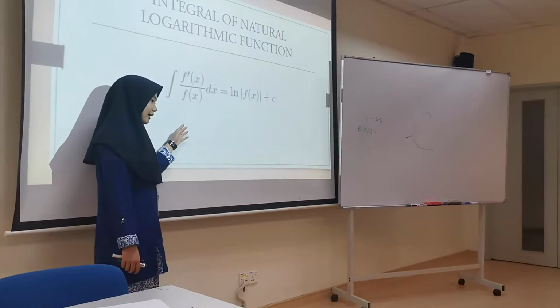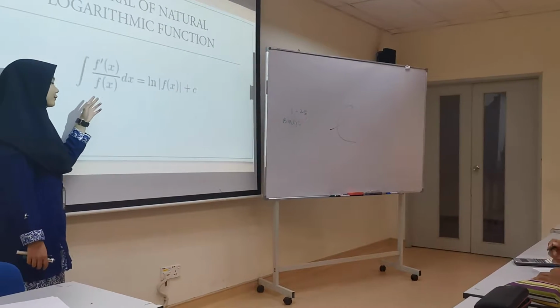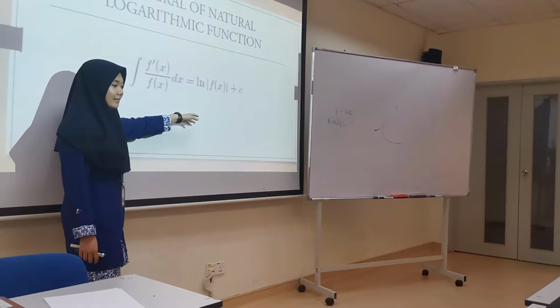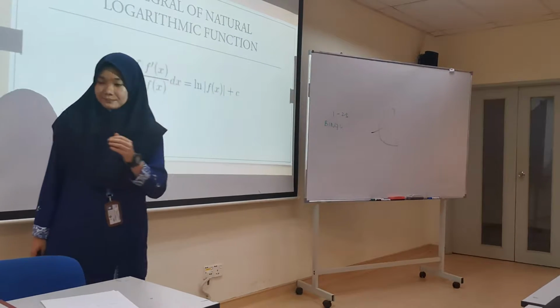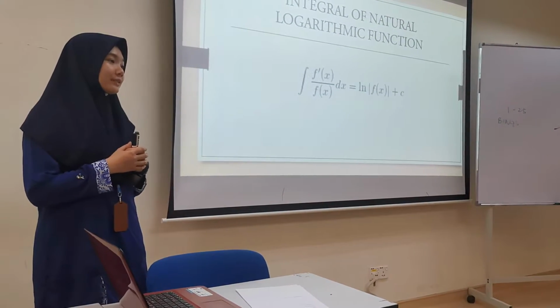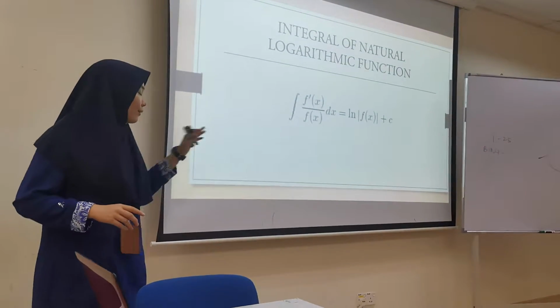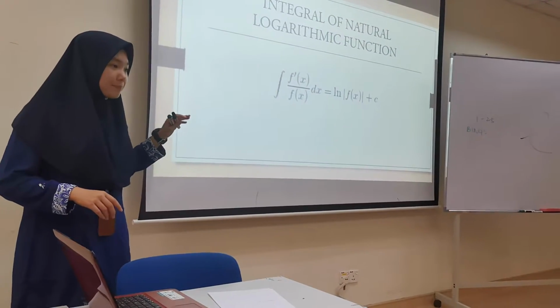Jot this down. Sometimes you cannot solve it because you don't remember this equation, and you will miss marks in your finals. Before we do some exercises, let me know if you really understand this, because this is really important. Jot it down and please memorize it.